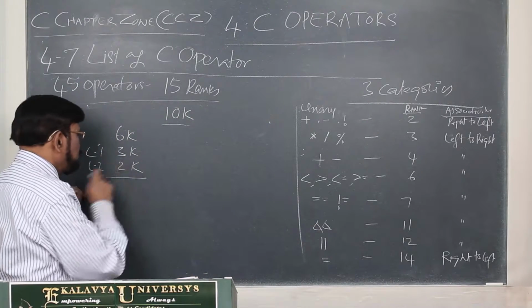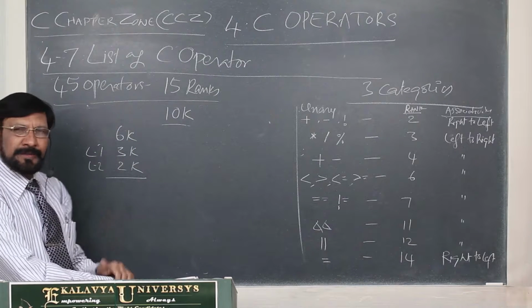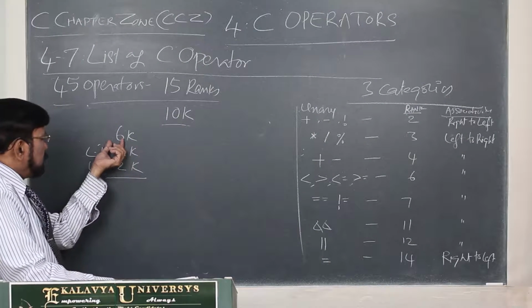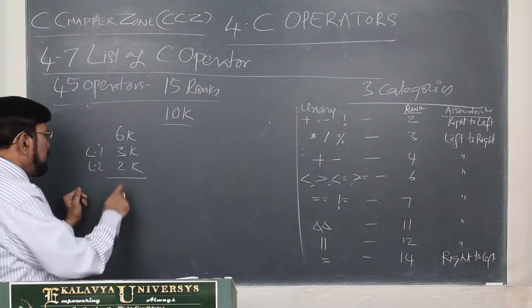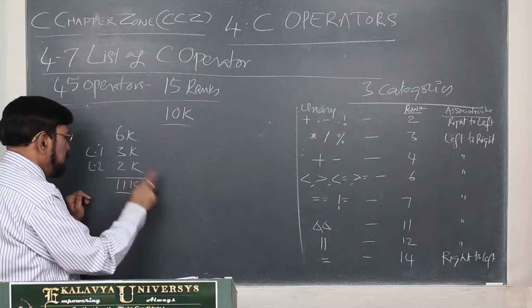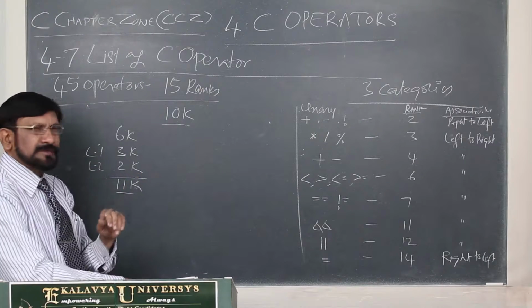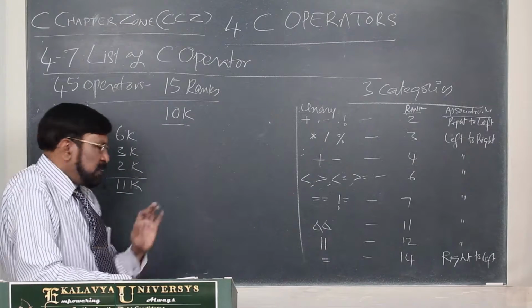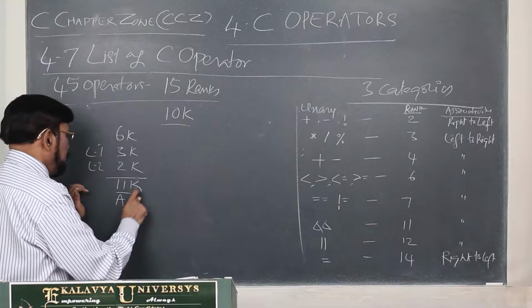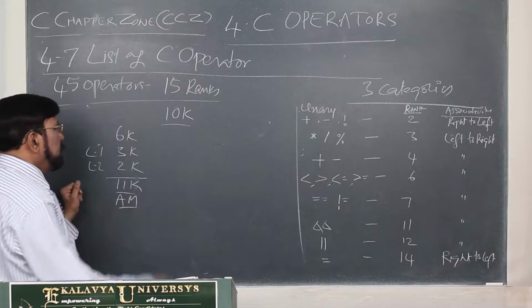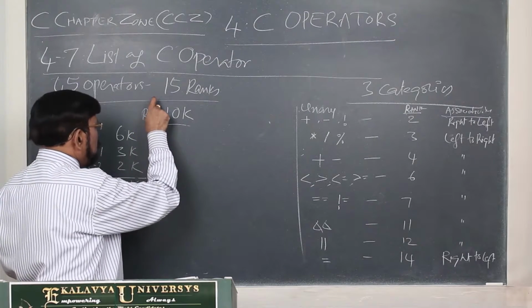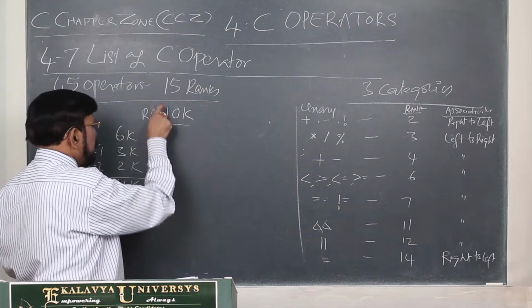First you perform the arithmetical operations. Now 6 plus 3 is 9, plus 2 is 11. 11k is available. First you performed arithmetical operations. Thereafter, the available amount is 11k and the required amount is 10k.